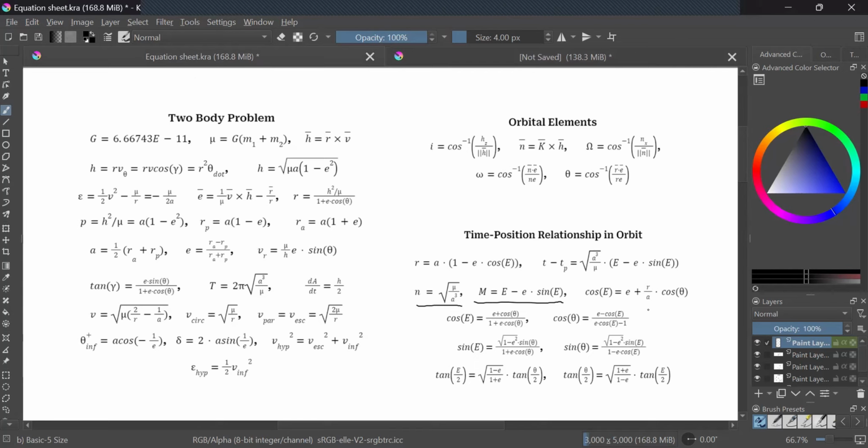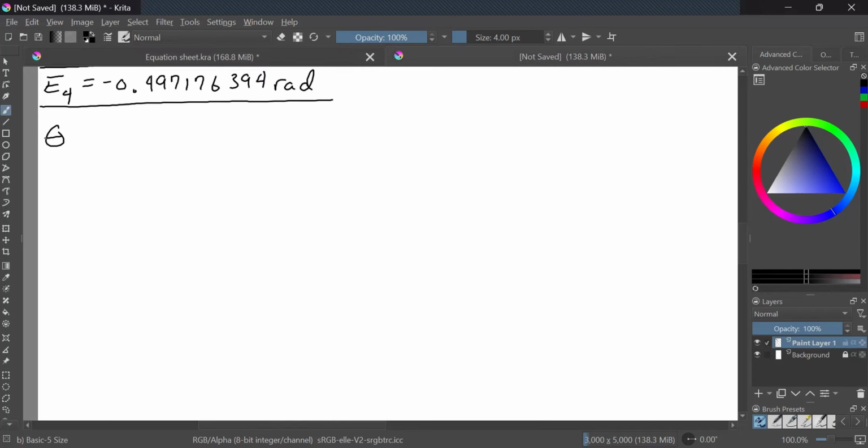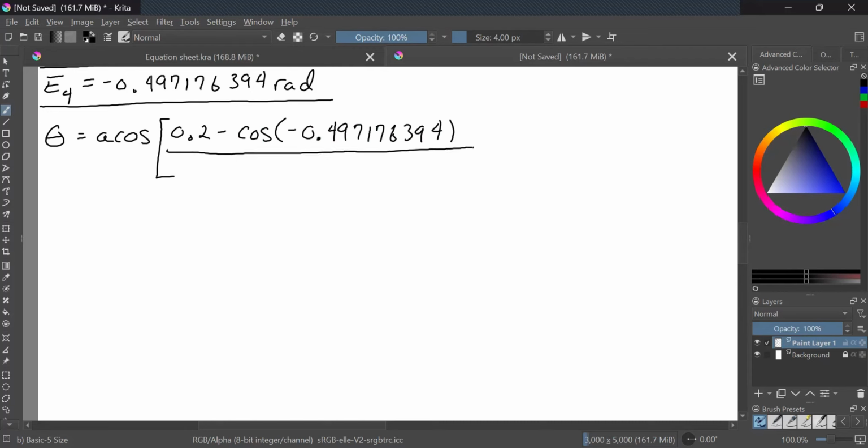I will go ahead and convert that to theta. And again, you can use any of these equations that you want. I like my cosine equations, so that's the one I'm going to be using. Cosine theta equals cosine E minus e over e cosine E minus 1.